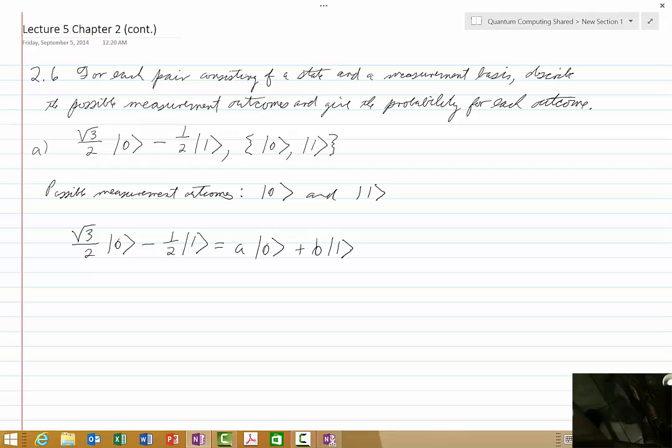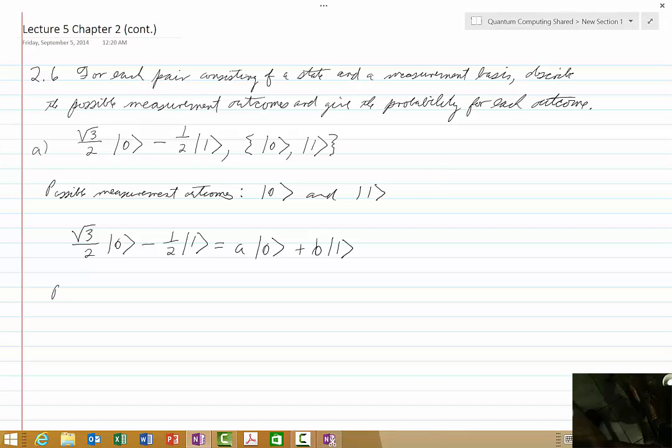And if we do this, then the probability of measurement outcome 0, the two outcomes again are 0 and 1, so the probability of this outcome will be the magnitude squared of the coefficient of that term, and likewise the probability of this measurement outcome is the magnitude squared of this coefficient. Let me just write that out.